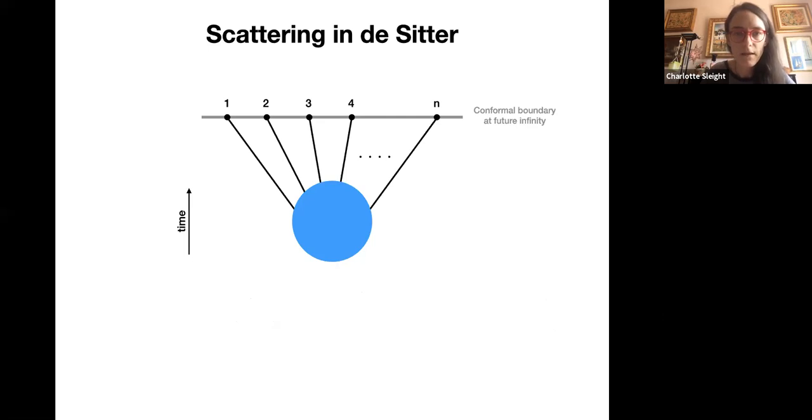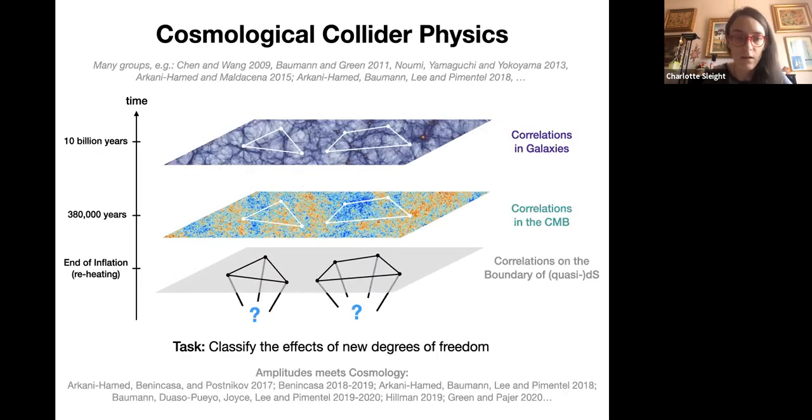In this talk, I'm going to focus on processes where all of the external legs lie on the boundary at future infinity. These observables are of particular interest from the perspective of inflationary cosmology, which, as we know, postulates that the very early universe is a period of rapid expansion, and this can be described by the de Sitter spacetime.